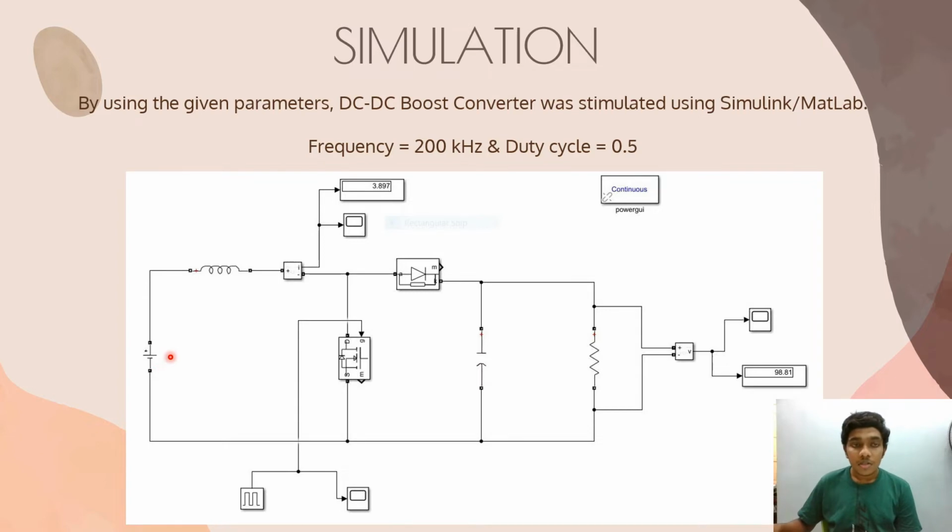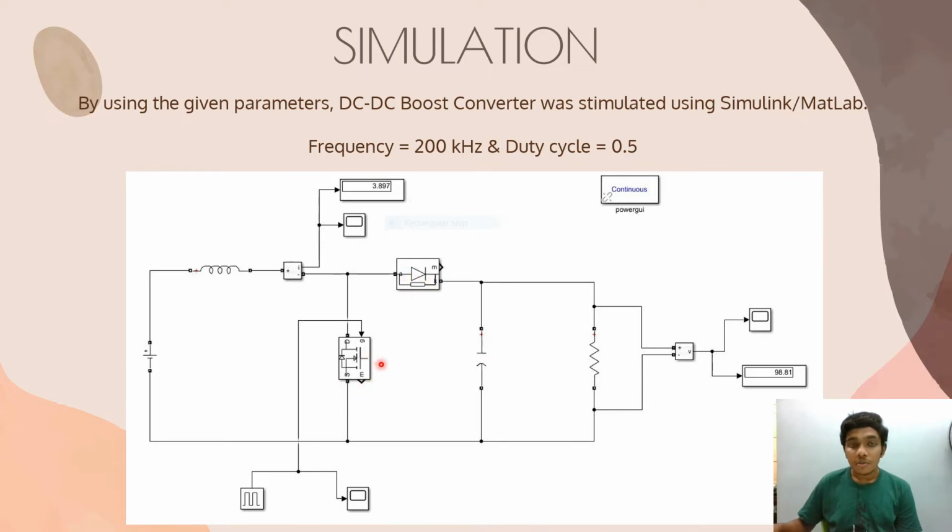This is the DC voltage source of 50 volt. This is the inductor, and we need to obtain the value of current of the inductor. This is the display of the current, and I have put the scope to obtain the waveform.